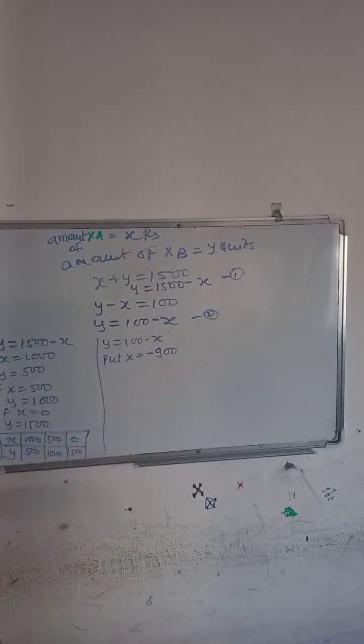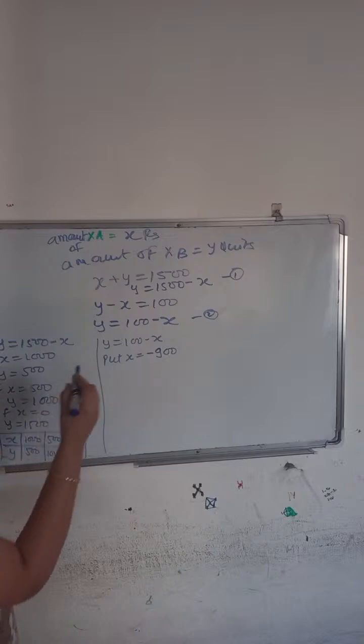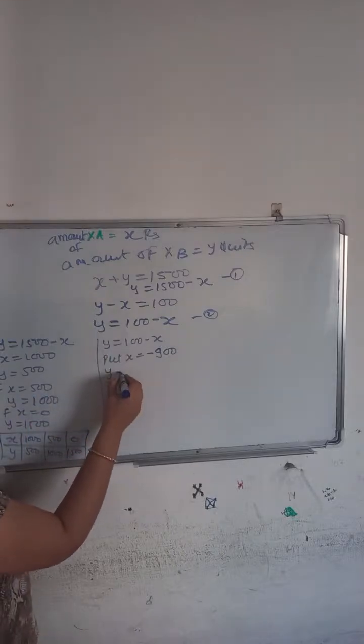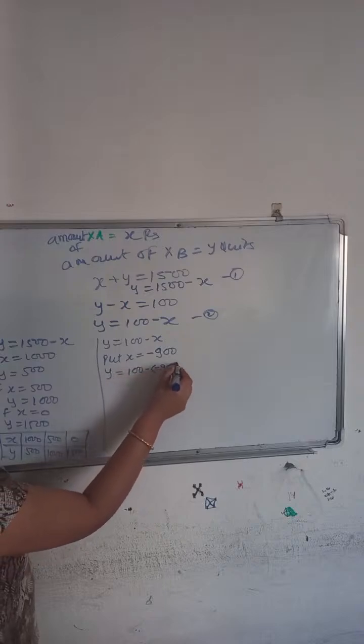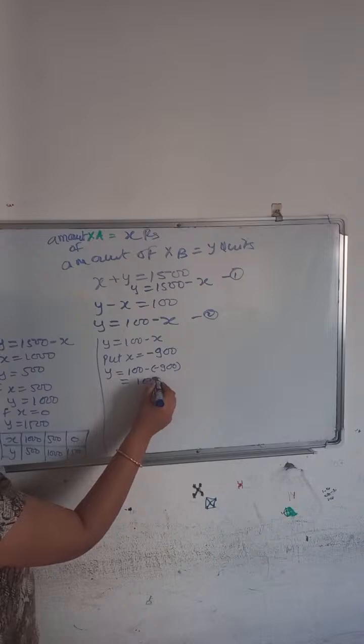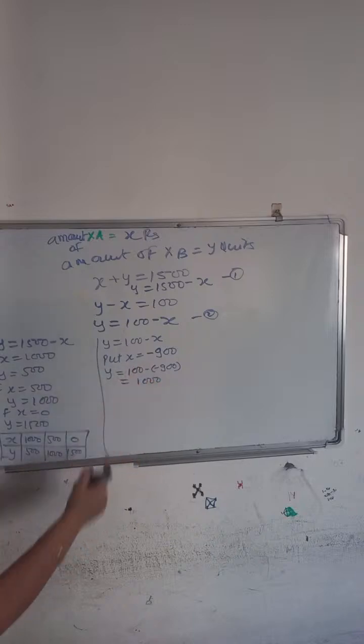Why I took minus 900, you will come to know that. If I am keeping x is equal to minus 900, so I get 100 minus of minus 900, that is nothing but how much? 1000, because minus of minus is plus.